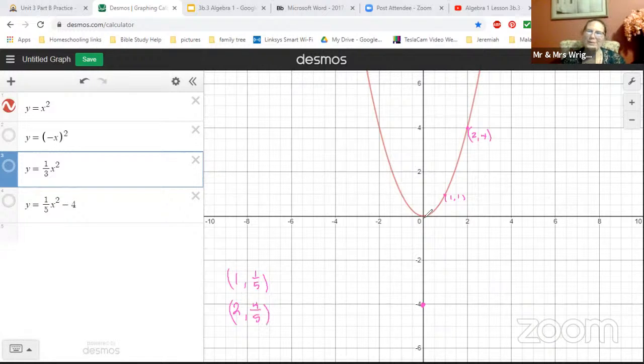But you have to remember we went down. This isn't actually 1/5 and 4/5. This is 1/5 up from the vertex and 4/5 up from the vertex, right? So these aren't actual ordered pairs here. This is just telling me how much I need to move from the vertex. So I'm going to move over 1 from the vertex and go up 1/5 from the vertex. Okay, so this one I'm going to go over 2 from the vertex and go up 4/5 from the vertex.